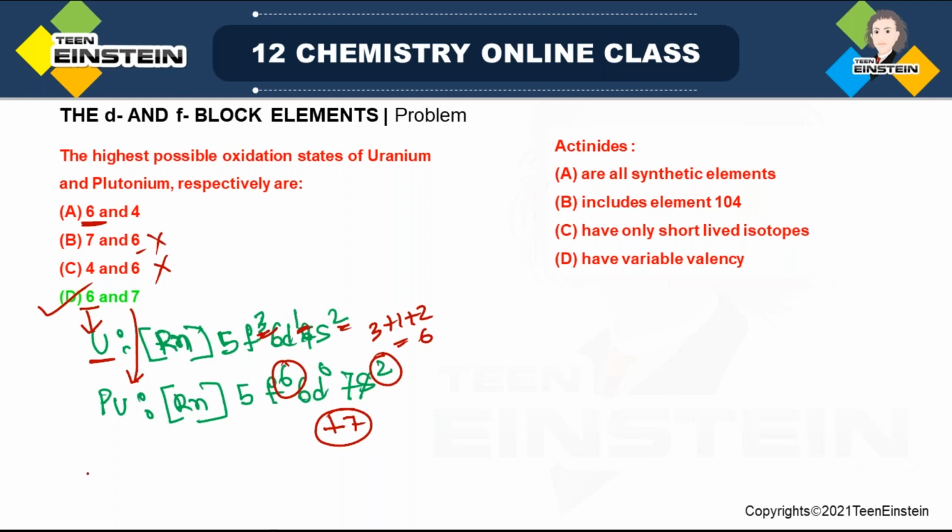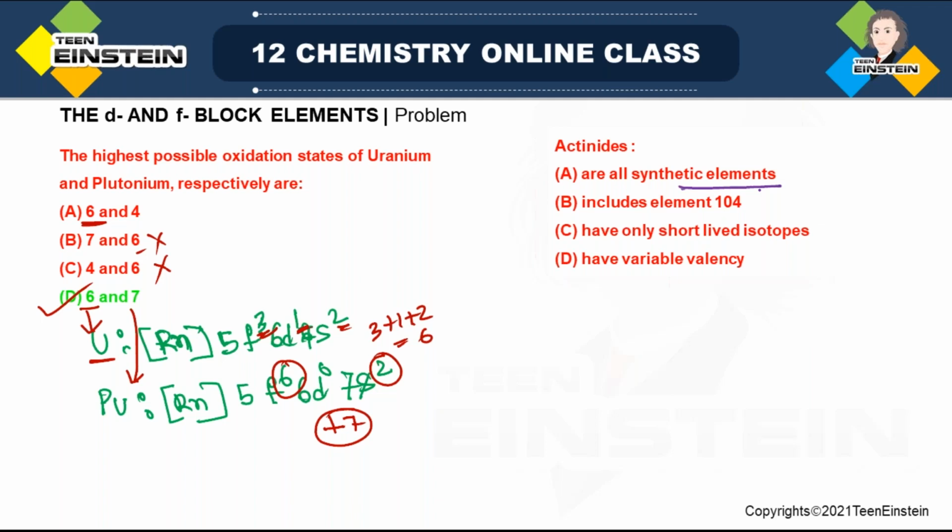Here we have some points related to actinides, and we have to find which one is correct. So actinides are all synthetic elements. Is it true? All are synthetic elements. Can you tell me whether it is true or not? Synthetic elements means those which are man-made, that is, they have no natural occurrence.